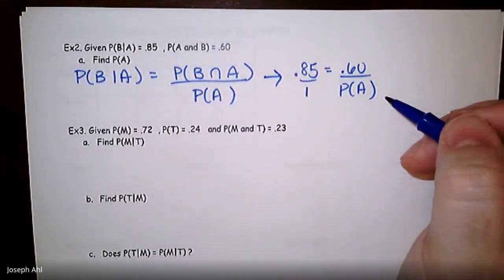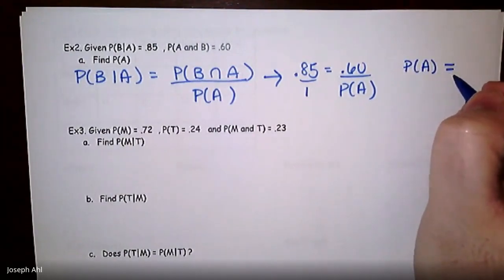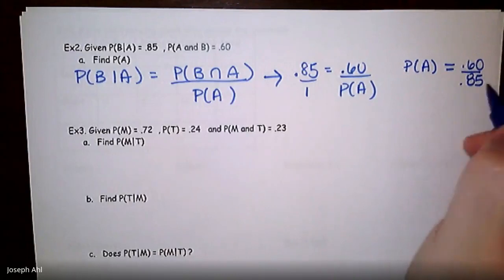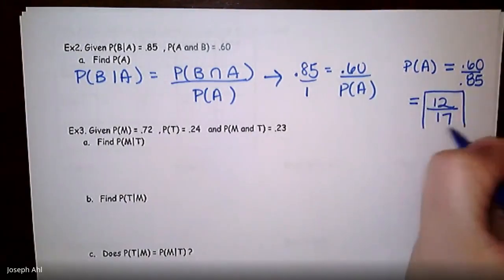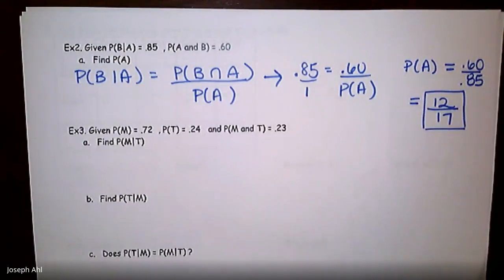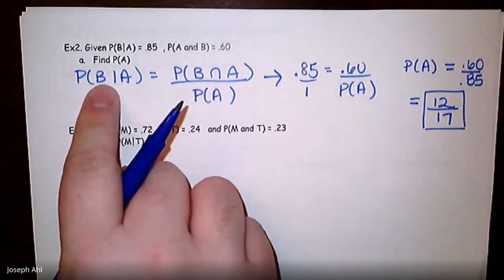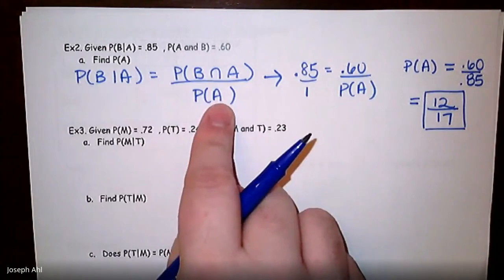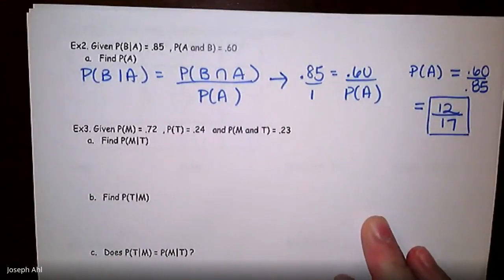However you best want to solve for the probability of A, you should get that the probability of A comes out to be 0.60 over 0.85, and 60 over 85 would reduce to the fraction 12/17 if it says something about a reduced form of your answer. That's not so bad if I don't know one of the probabilities. More typically you're looking for the conditional probability, but if you don't know one part of this equation, you can sub in what you know and cross multiply.